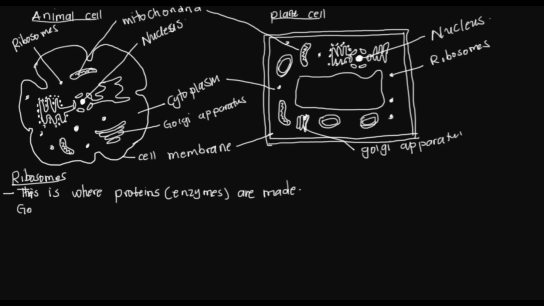So the Golgi or Golgi apparatus, the main function of this part is that it is part of the transport system, which means that this part transports the proteins from where they are made, like from the ribosomes in the endoplasmic reticulum, and transports them to where they are needed. So this is just a transport system.